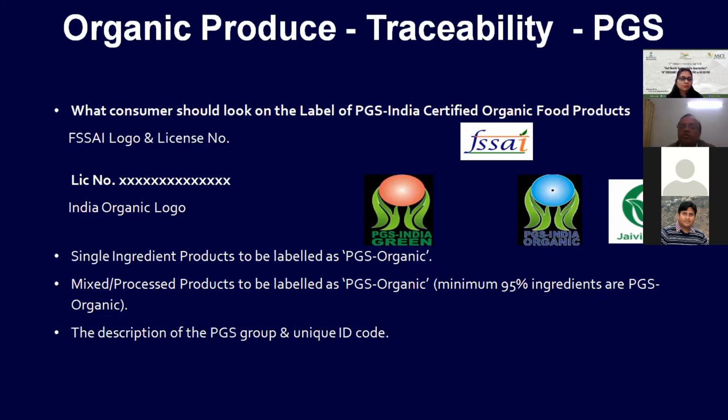Any organic produce has to be labeled Organic India, PGS India Organic, as well as Jaivik Bharat. Any produce marketed in India should have the Jaivik Bharat logo on the packet.